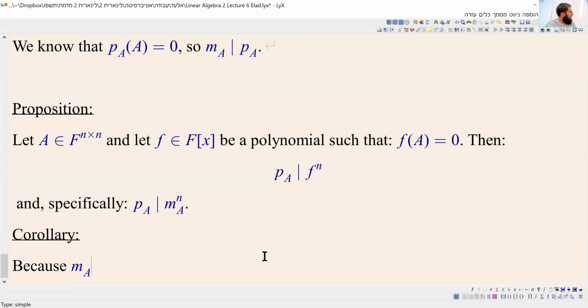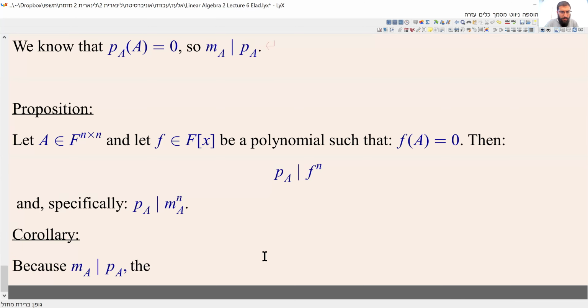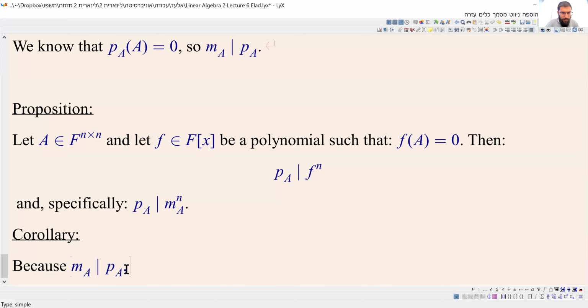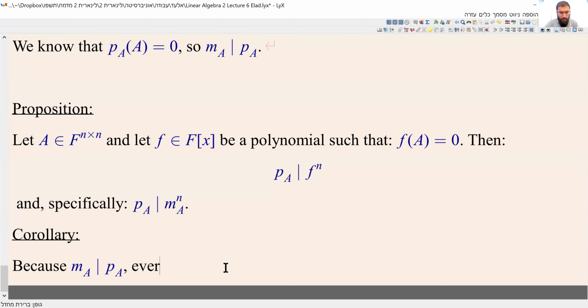Okay, because MA divides PA, every irreducible component of MA is an irreducible component of PA.